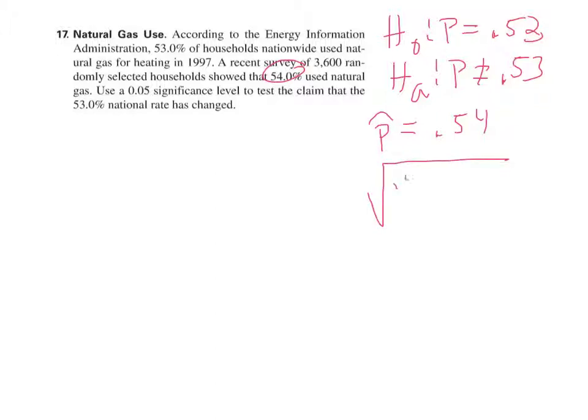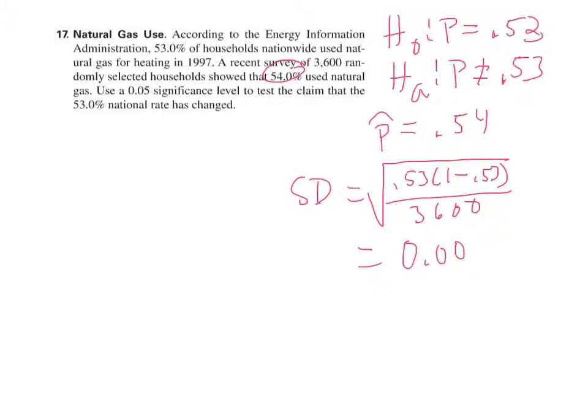So 0.53 times 1 minus 0.53 over how many households? 3,600. So that's the standard deviation we're going to use, and I'll calculate it. So when I do this, I'm getting 0.0081.